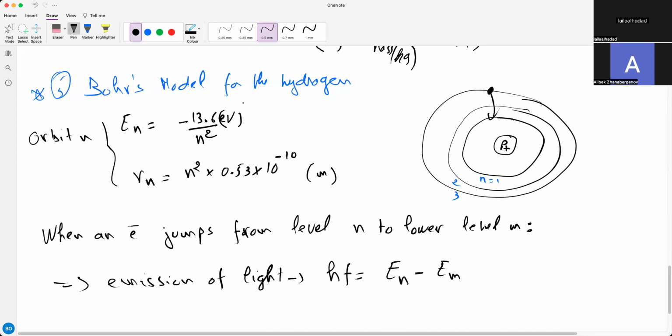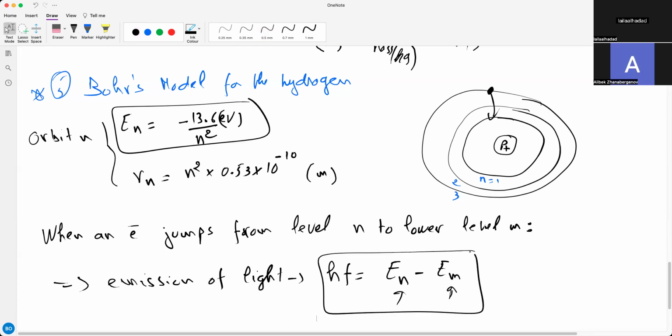We have the energies here. So all you have to know is the number n and number m, and you plug in and you get the energy of the photon.